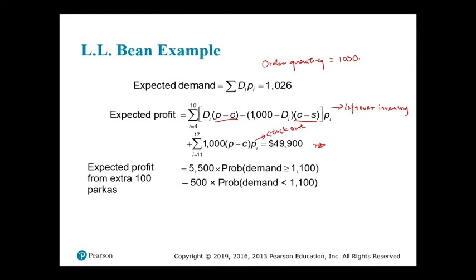For each unit I'm selling additionally, I'm going to profit P minus C. So P minus C is equal to $55. And for each unit that is not sold at the end of the season, I'm going to incur a loss of C minus S, which is minus $5.